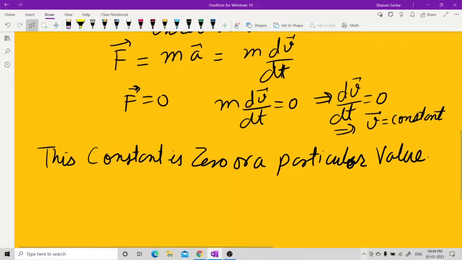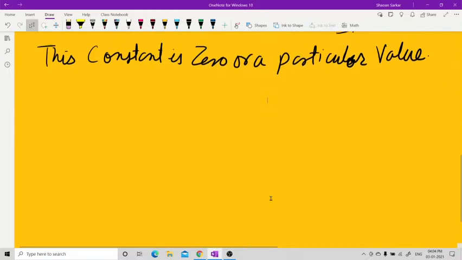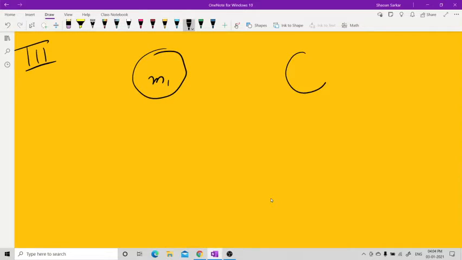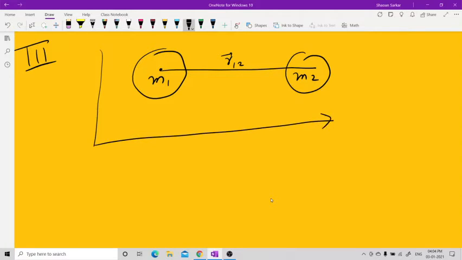Now come to the third law. This is the body of mass m1. This is the body of mass m2. This is the position vector r1 with respect to 2, and this is my coordinate axis, with x, y, and z.